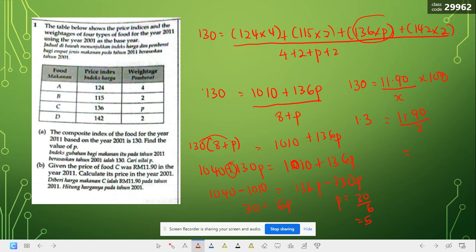Okay, I got around 9 ringgit 50 cent. So that's the price for the food in 2001.